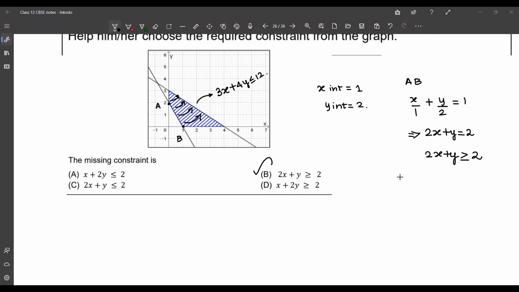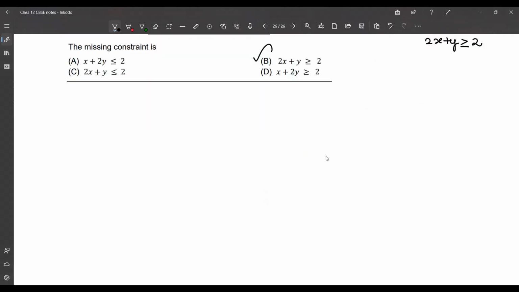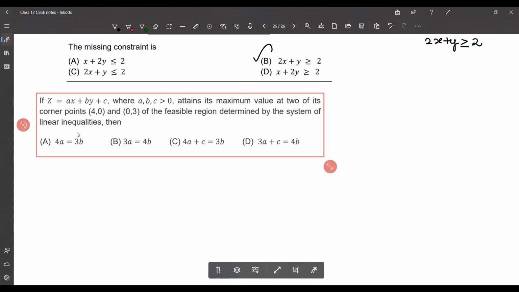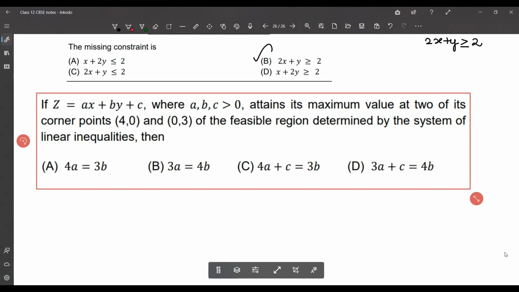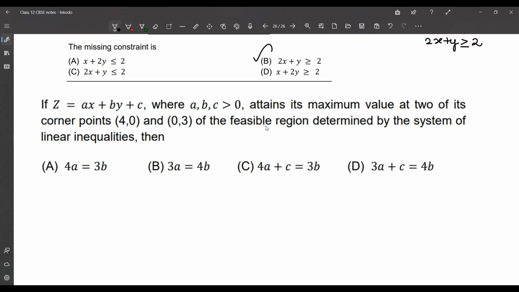There is an alternate question given for visually challenged people, and that is: if z is equal to ax plus by plus c, where a, b, c are all positive, attains its maximum value at two of the corner points 4, 0 and 0, 3. These are the options: 4a is equal to 3b, 3a is equal to 4b, and so on. Now, z is equal to ax plus by plus c. I'm going to substitute z of 4, 0.